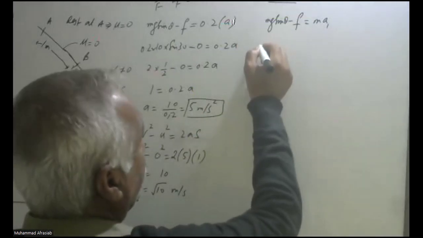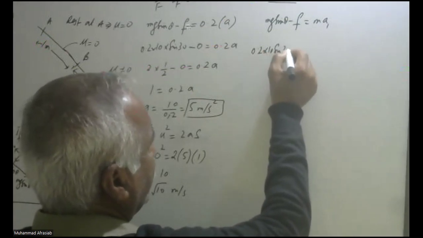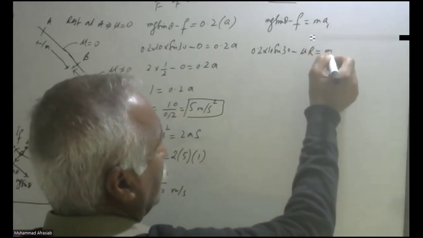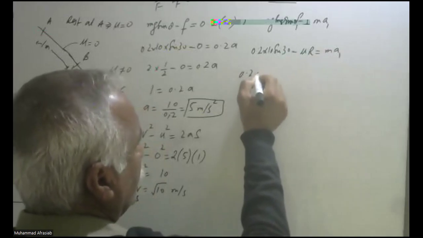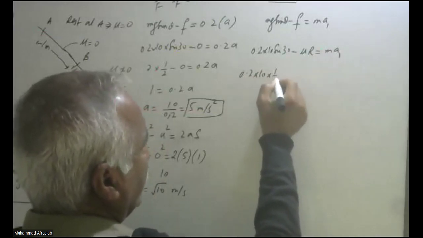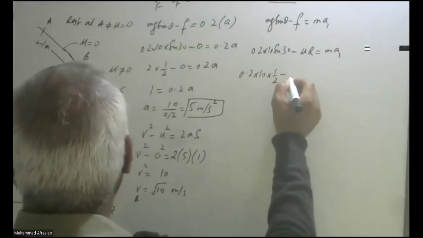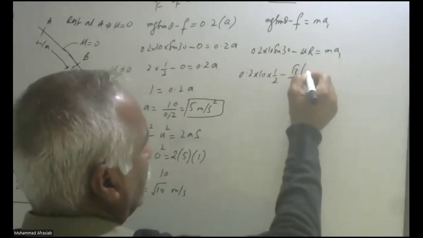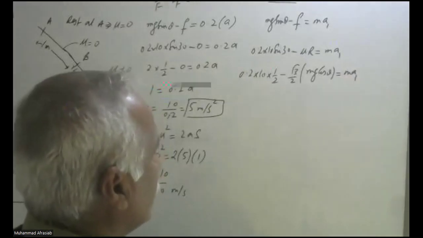So m is 0.2, g is 10. The equation is mg sin 30 minus F, where F is mu R, equal to m a1. So 0.2 into 10 into sin 30, which is half, minus mu, that is root 3 over 2, into R, that is mg cos theta, and that thing is equal to m a1.